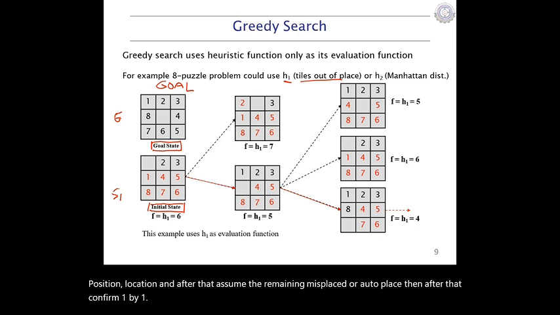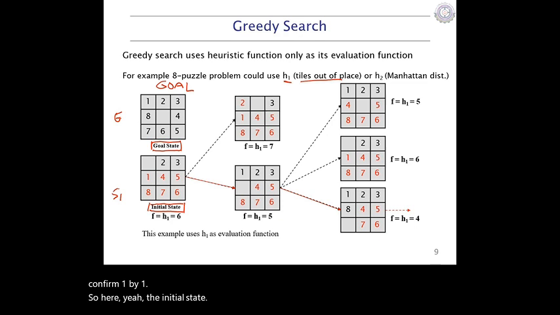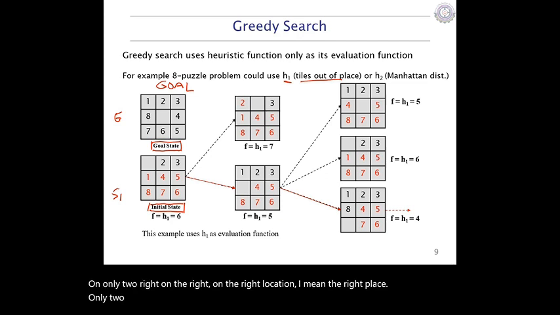Here in the initial state, only tiles number 2 and 3 are in the right place. Can you see? How many tiles are in the right place? Only 2.